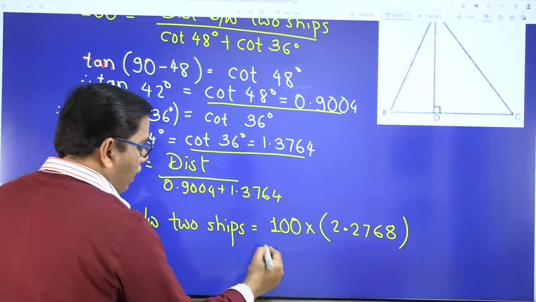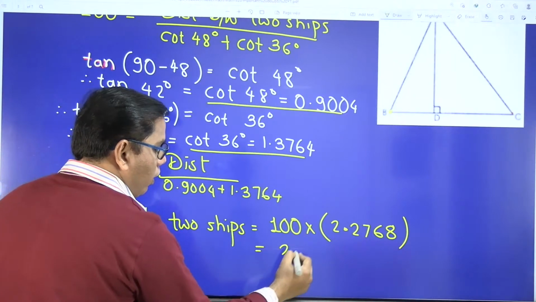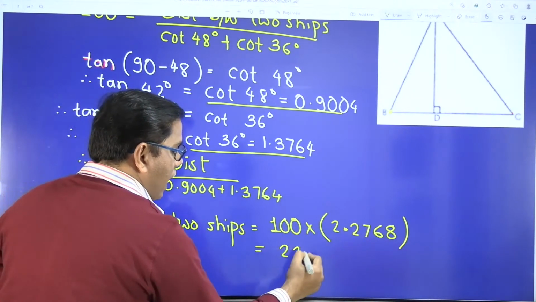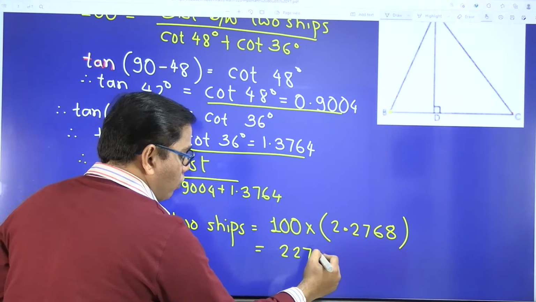And when you multiply this by 100, your point will be shifted by two digits, to 227.68.